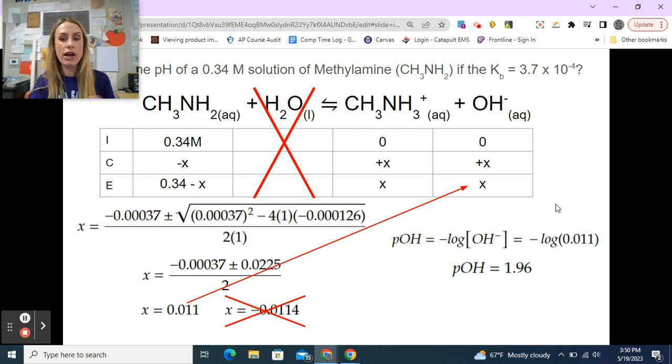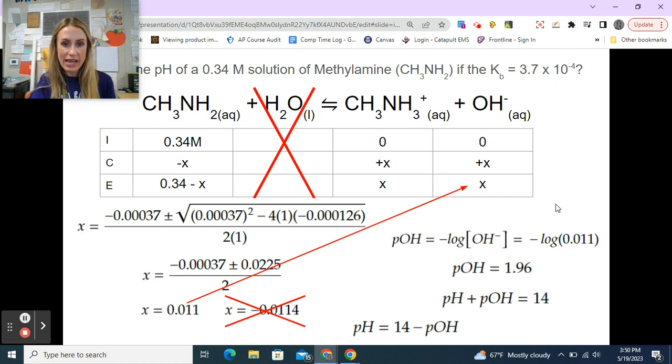And I know from one of the other equations that we learned the other day when we talked about pH, that pH plus pOH equals 14. So now with this equation, I can just solve for pH. So I know pH is going to be 14 minus pOH, and then plugging that 1.96 into my pOH here, I get 12.04 for my pH.